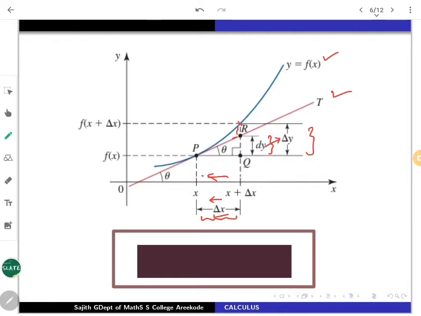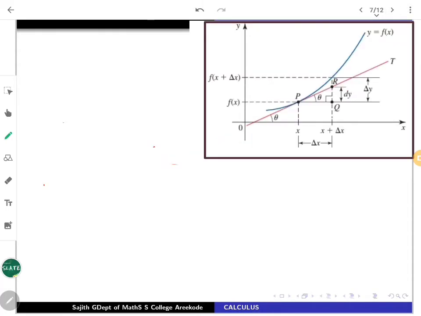Look at the triangle PQR, which you will investigate again. Once the tangent is there and it's a differentiable function, everything is supplied for us. From the triangle, dy by delta x is going to give you tan theta.